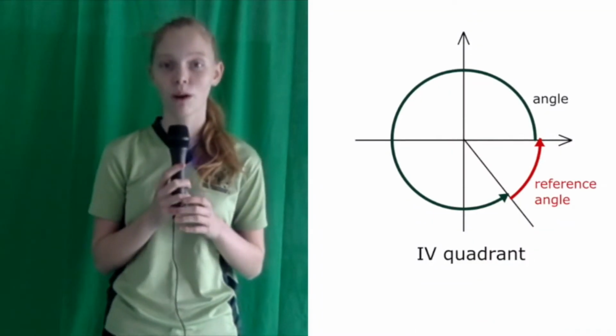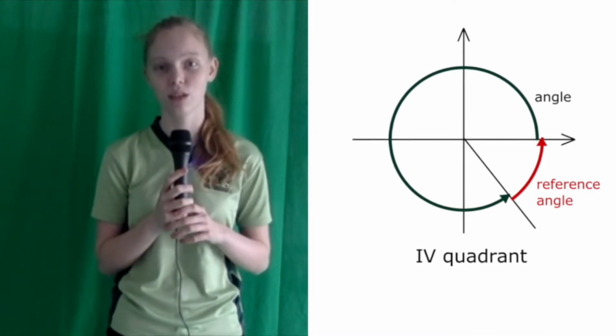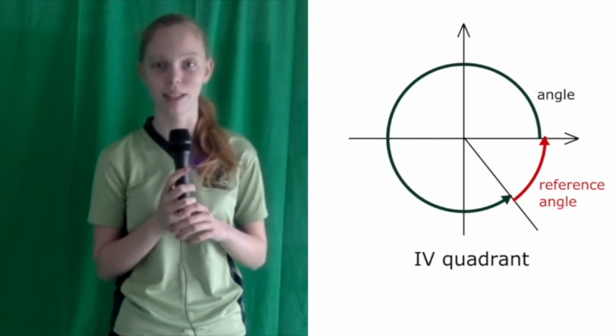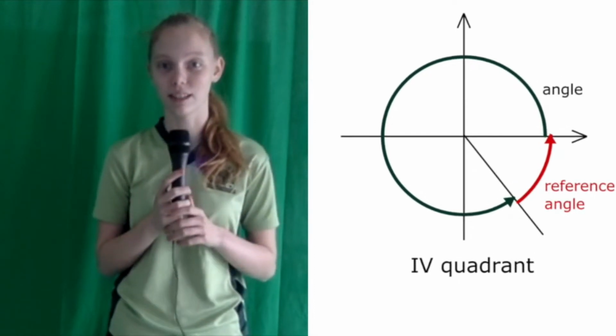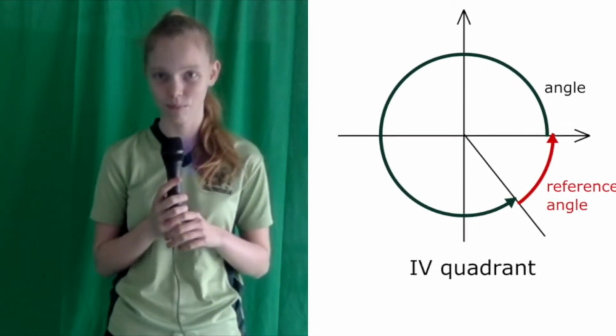And for quadrant 4, the reference angle is 360 degrees minus the angle. So if we have 350 degrees, the reference angle is again 10 degrees. Reference angles can also be found in radians, and if you find your reference angle in degrees, again, you can convert it to radians.